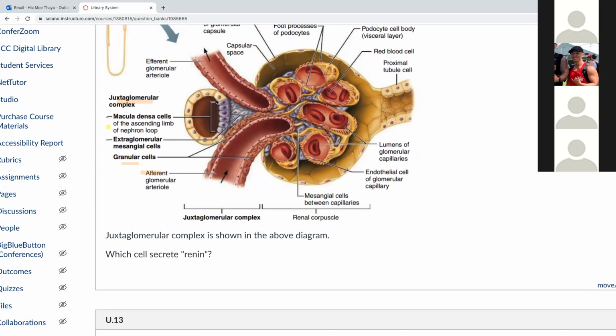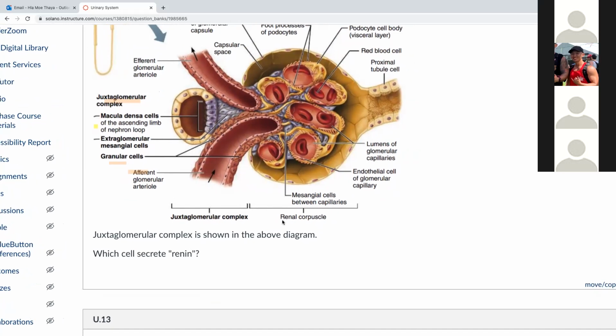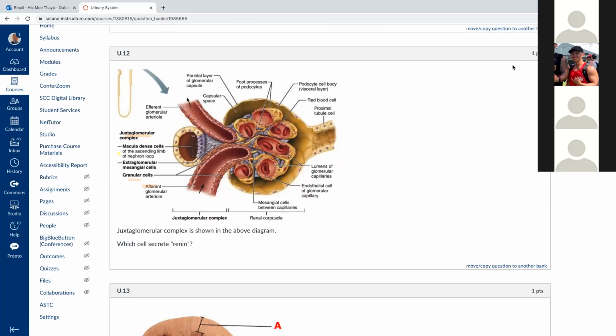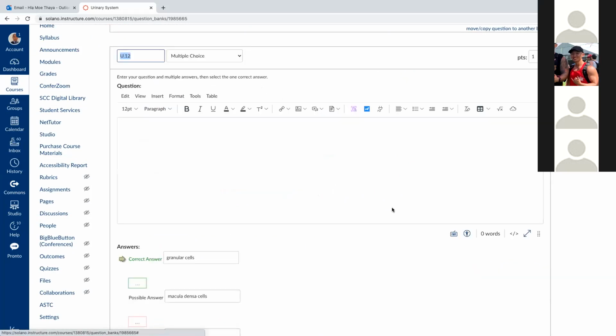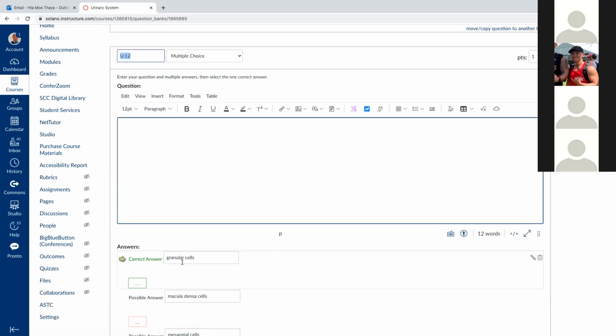Macula densa cells act as a chemoreceptor, and they ask the granular cells to secrete renin, and that will start the renin angiotensin aldosterone system. So let's have a look. Which cells secrete renin? Granular cells.